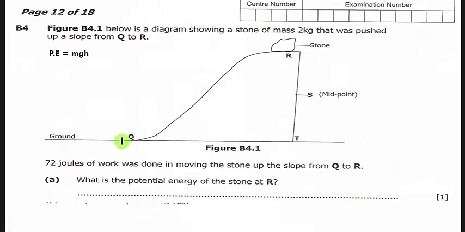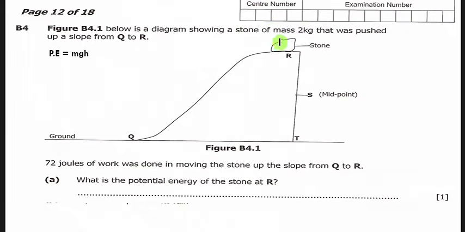When the stone is on the ground, it has no energy. When it is above the ground, it has energy we call potential energy. So the same work which has been done to move it up is the same energy it has gained, because anything raised above the ground has got potential energy.